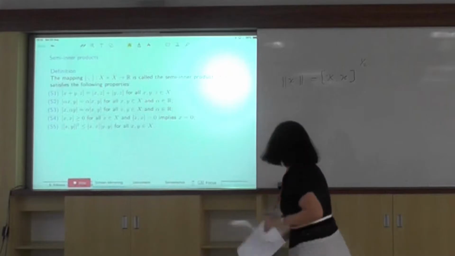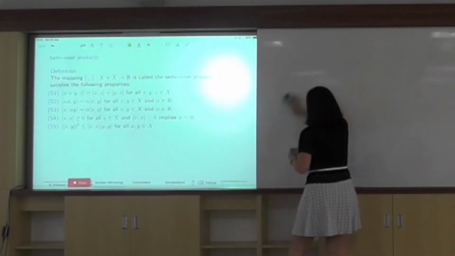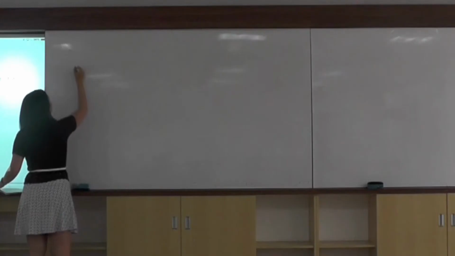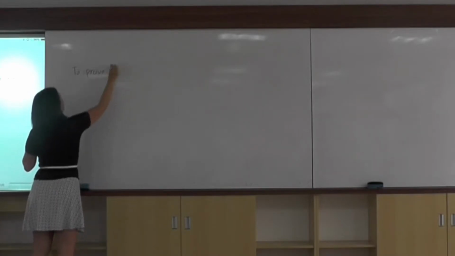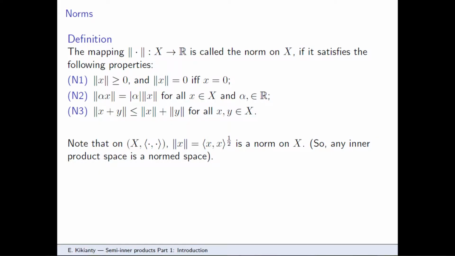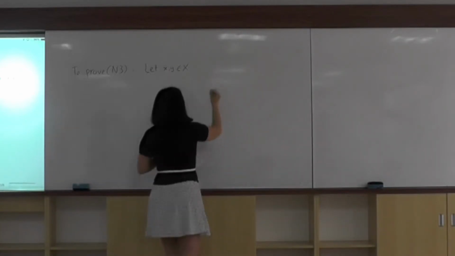Okay, so the triangle inequality, and you will see now why that axiom number 5 needs to be there. Okay, so to prove the triangle inequality, my notation is N3, property N3 in my notes. Okay, so take x and y arbitrary.